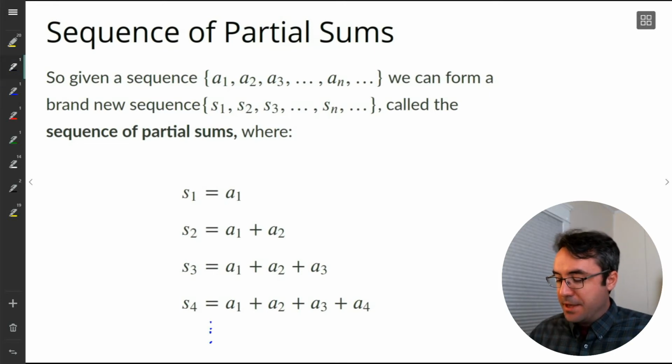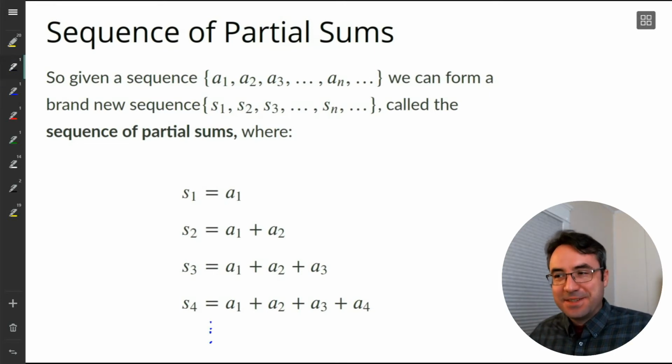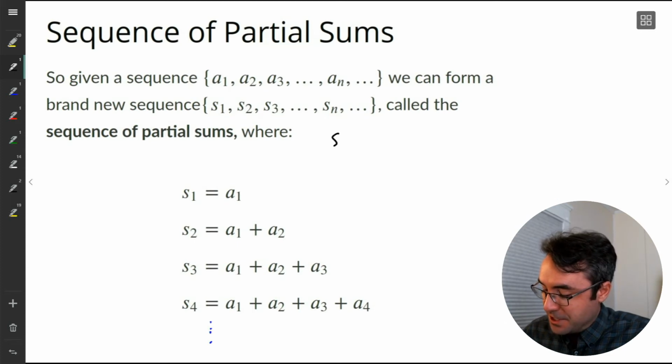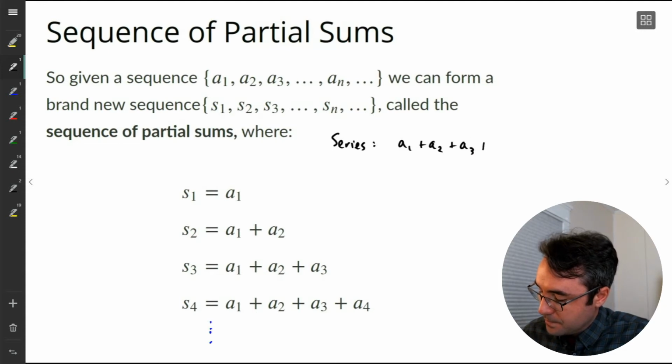All right, so there's going to be some different terminology here. So let's write out all the different things we're talking about so far. There's our series, which is really a1 plus a2 plus a3 plus a4 and so on.